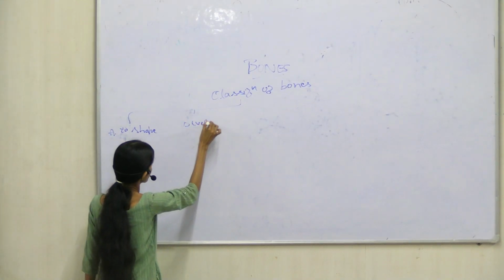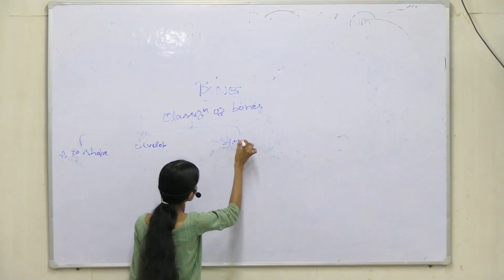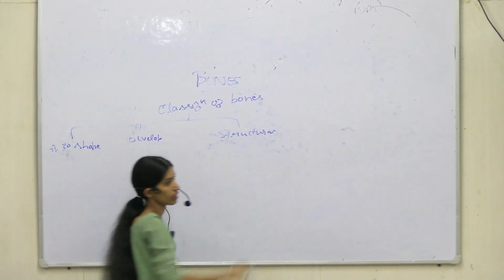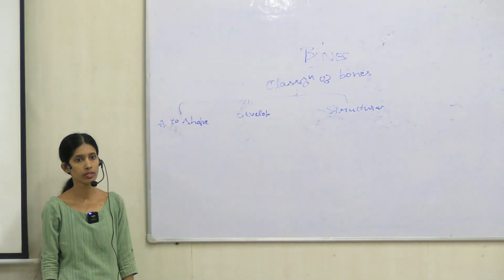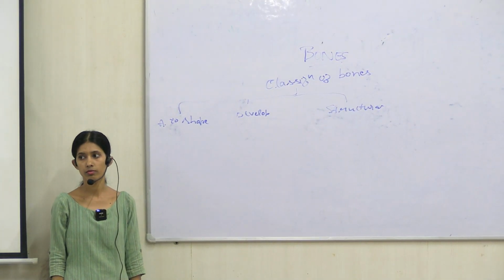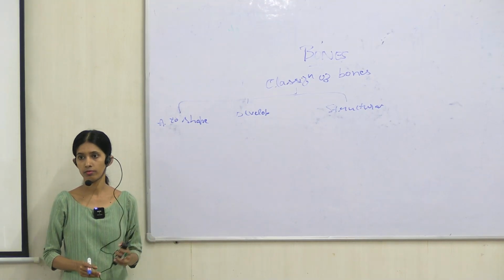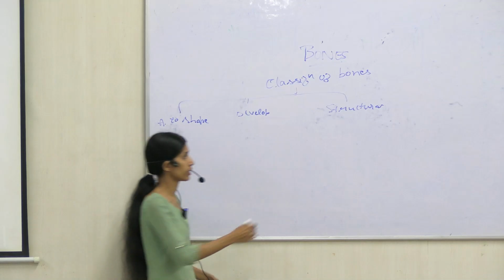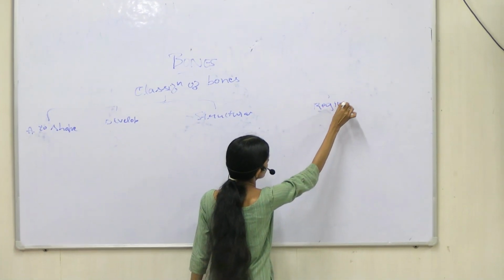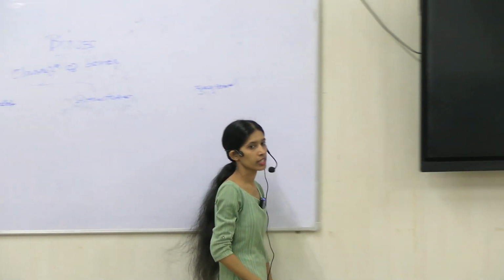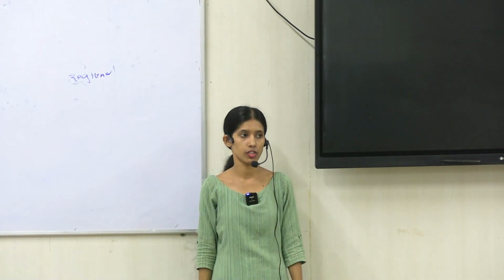Developmental classification, structural classification, and any other classifications you remember? Another one is regional classification. These are the four main headings you should remember in the topic classification of bone.